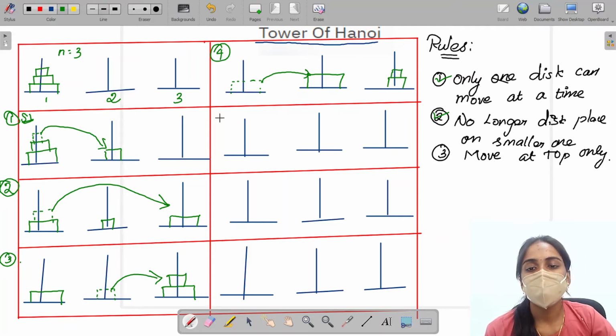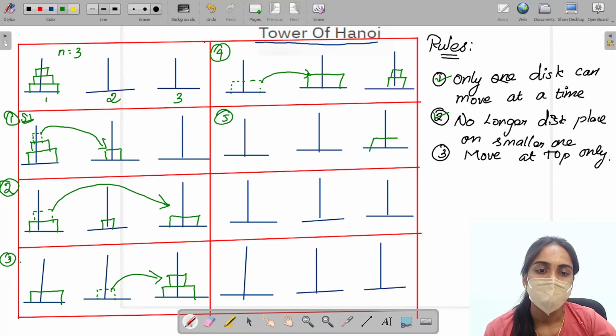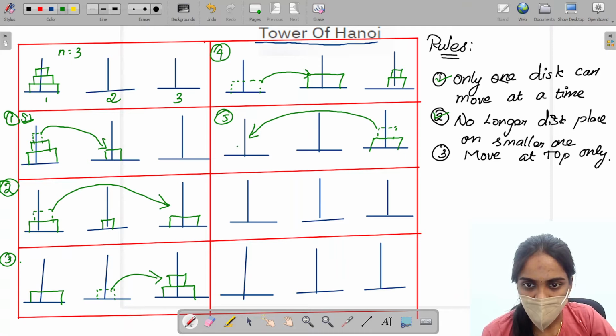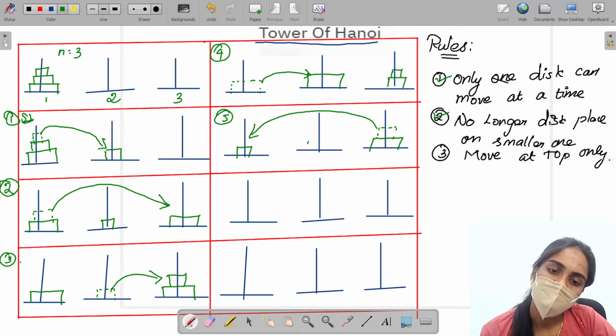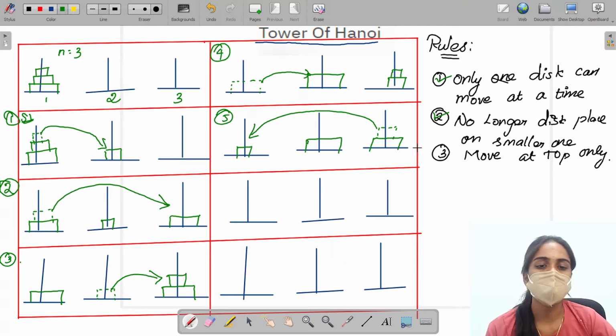My fifth move will be to move the smallest disc into tower 1. We should follow these three rules. Smallest one, largest one, and this is the second largest.